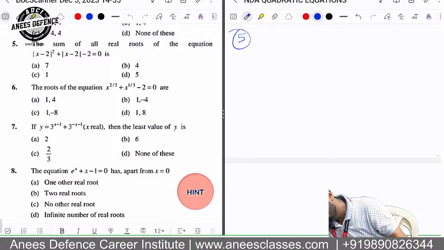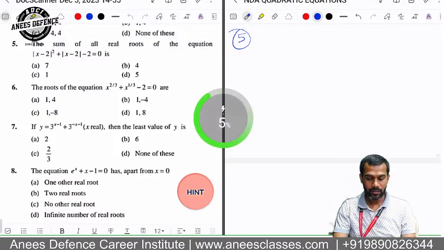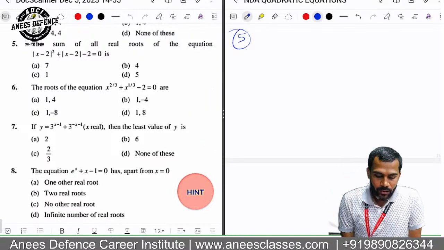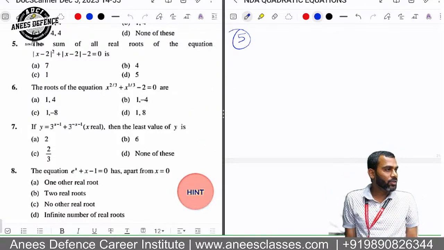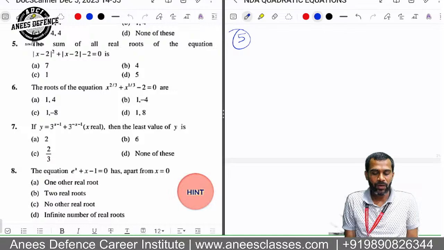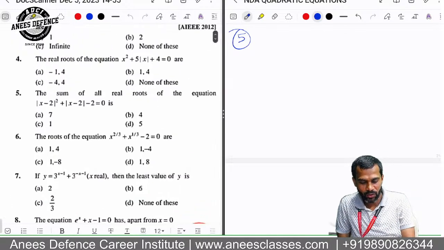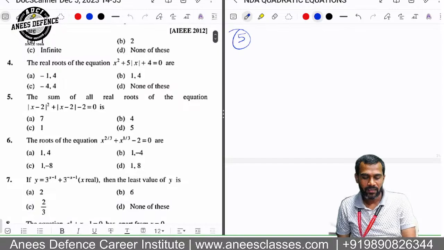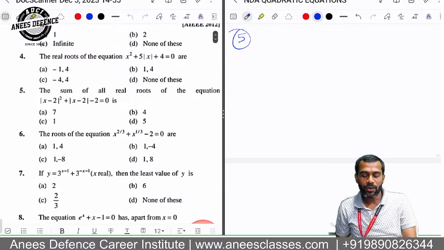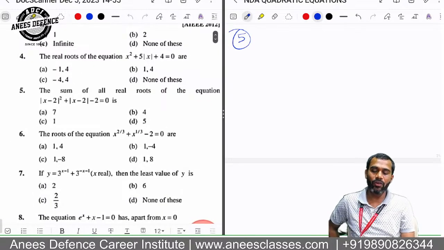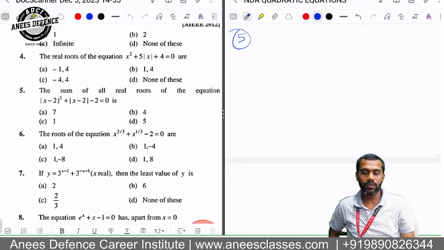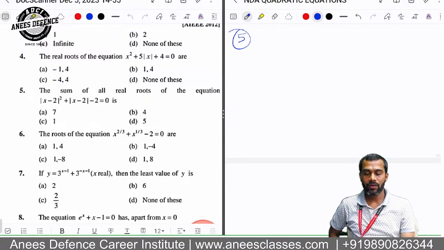Yes, what is the answer? A. Okay. Can you just explain who has got option A? Purva, tell me. Sir, fourth question answer. Question number 4, answer is none of these. Because see, it is not possible. You cannot take any value of x which may satisfy the given equation.